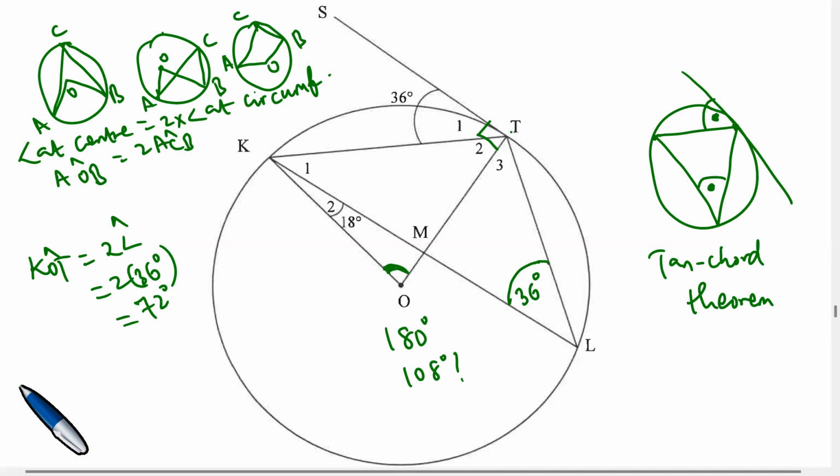So we continue. We continue. So, um, we continue.